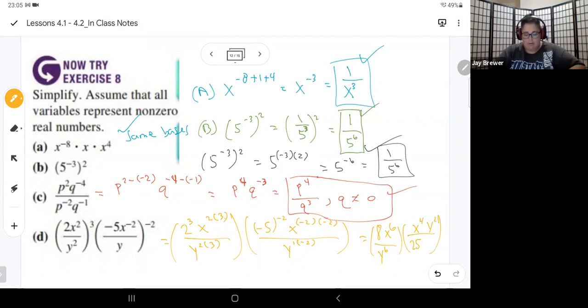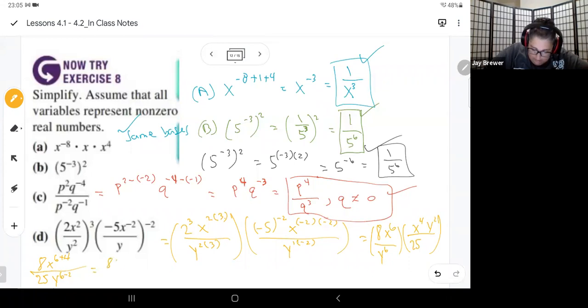So let's go back over here. So that's going to be 8 over 25. The x's come together, so it's going to be x to the 6th plus x to the 4th. Okay. And then the y's actually subtract, but 6 is bigger than 2, so it's going to be y 6 minus 2.